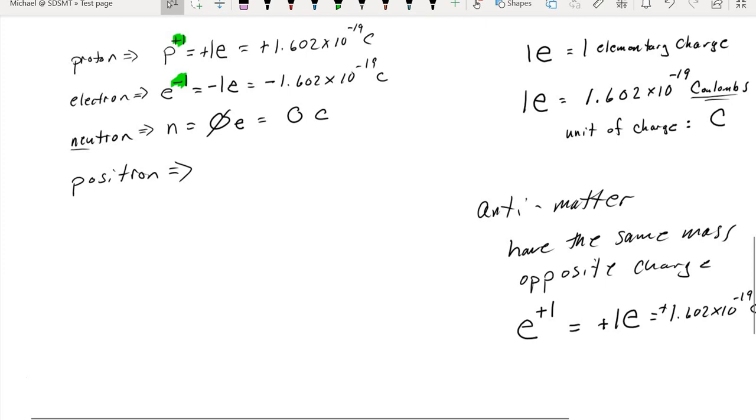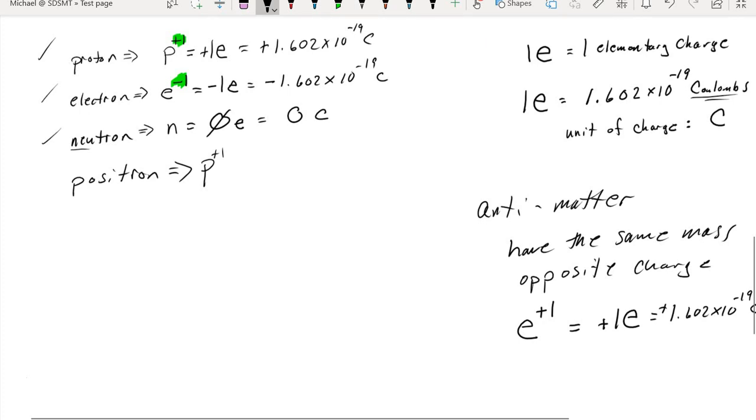Now, in labeling the positron, we've essentially gone down the list just using the first letter as the initial for the particle. Now, we don't want to make the mistake of calling a positron P plus 1, because we're already using that as the label of a proton. Both the positron and the proton have the same charge value of positive 1 elementary charges, but the masses are very, very different.